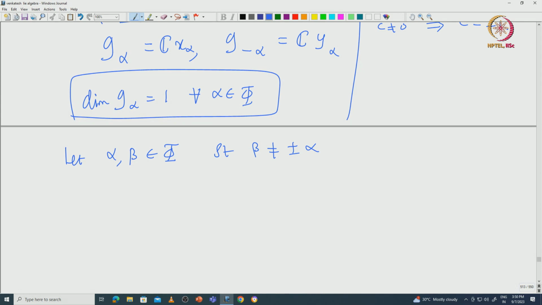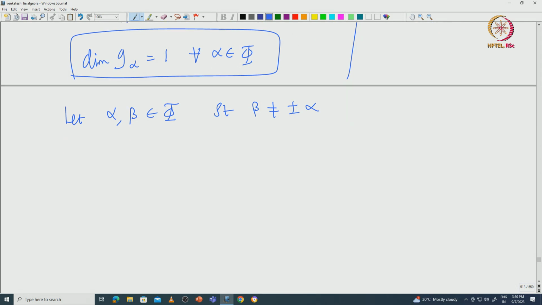Then we consider what is called the alpha string through beta. By definition, we denote it by S of beta comma alpha.